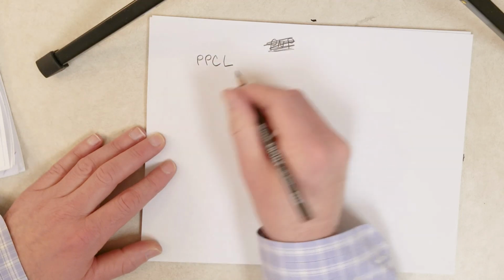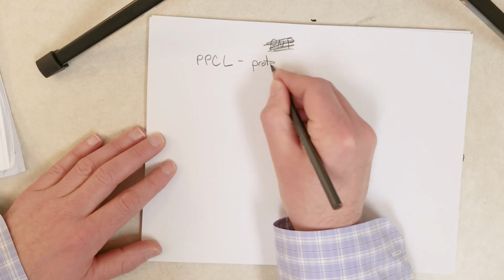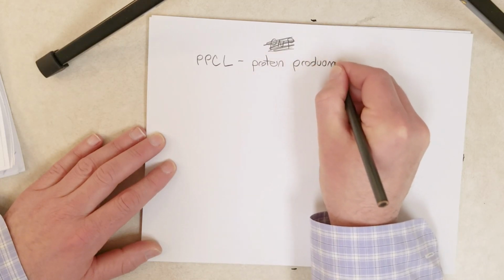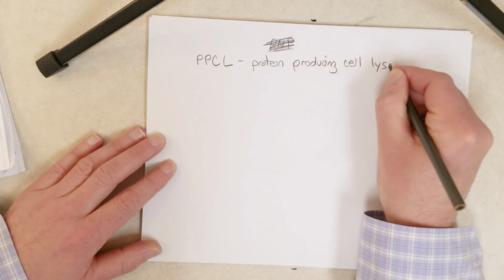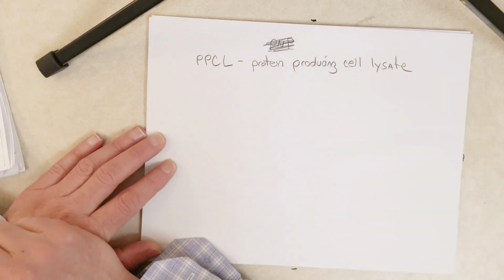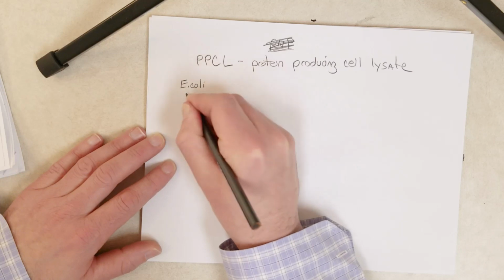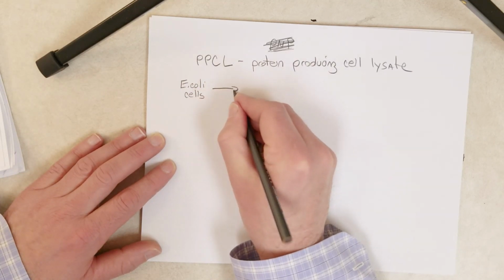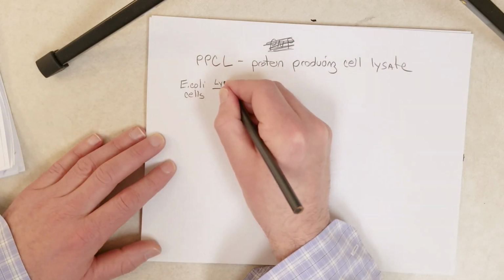So PPCL is the abbreviation I'm going to use for the protein producing cell lysate. So what some pretty clever scientists figured out was that they could take E. coli cells, take millions of cells, and lyse them.